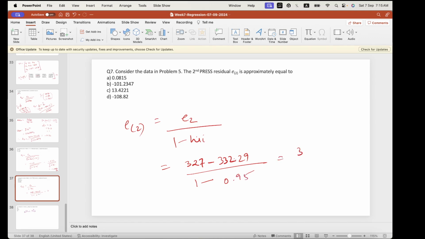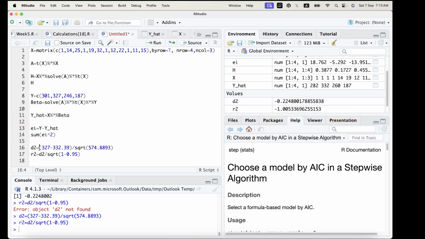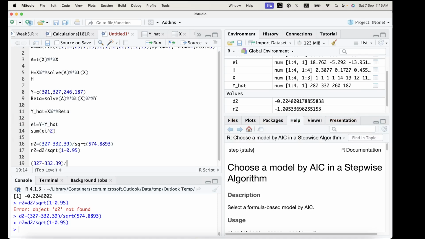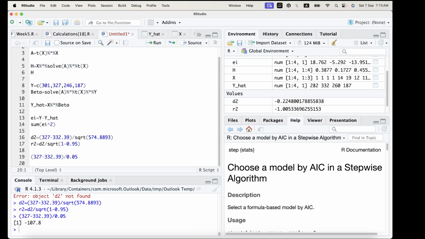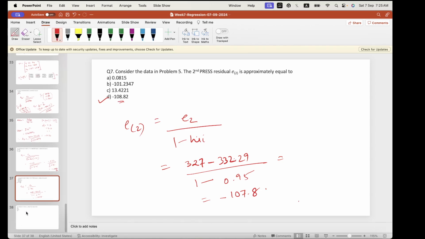So this amounts to 327 divided by 0.05. So this is minus 107.8. So this is the correct answer. Okay, so moving on.